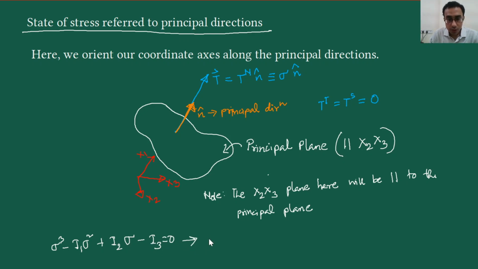Suppose the roots are sigma 1, sigma 2 and sigma 3.